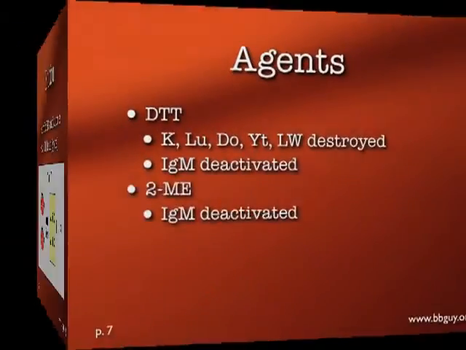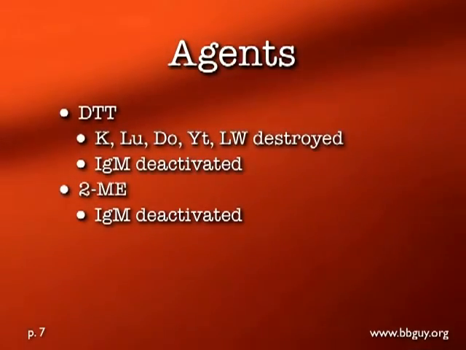Moving on, there are some agents that we can use to treat red cells that change how they react, including DTT, or dithiothreitol. It's a sulfhydryl reagent that destroys numerous red cell antigens, such as big K in particular. Kel antigens are destroyed by DTT.